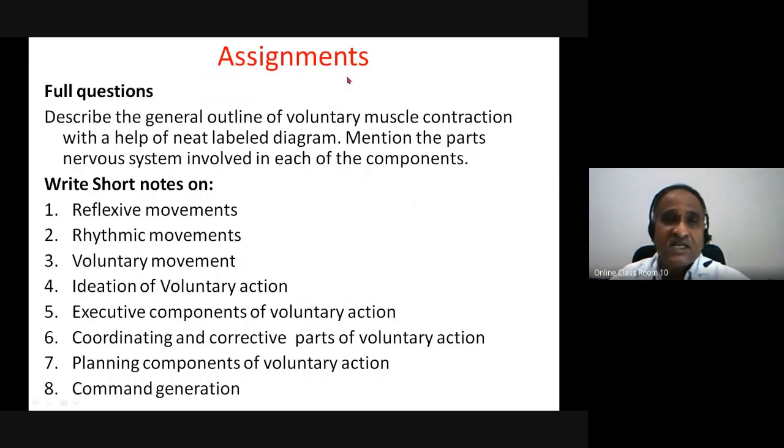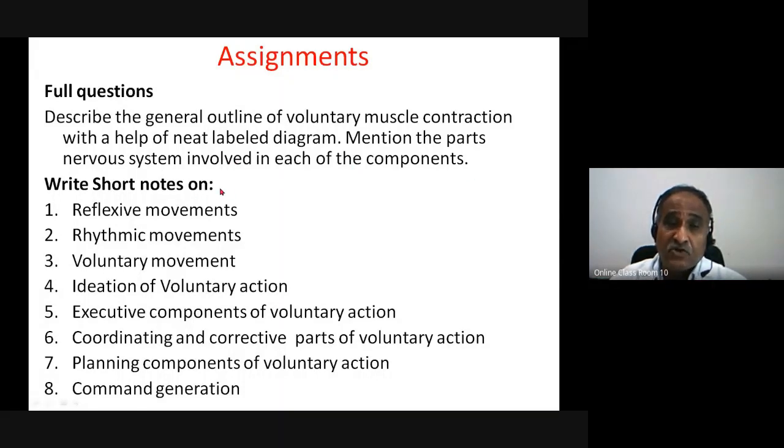Okay, so these are some assignments. Describe a general outline of voluntary muscle contraction with the help of a labeled diagram. I have already given the labeled diagram. Mention the parts of the nervous system involved in each component, because I had provided all that.